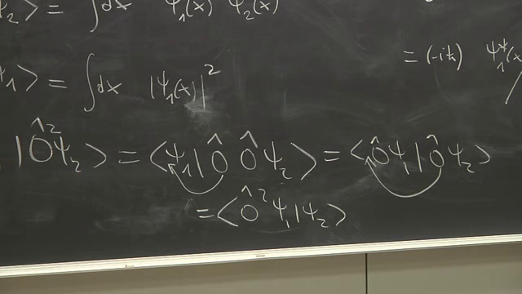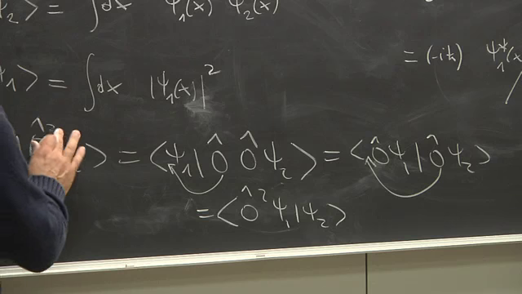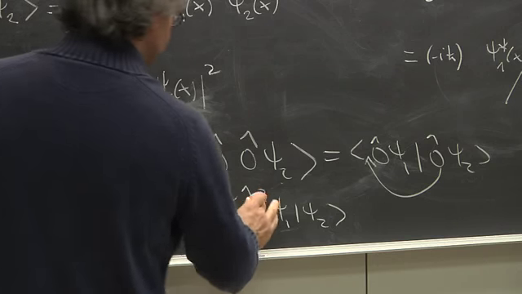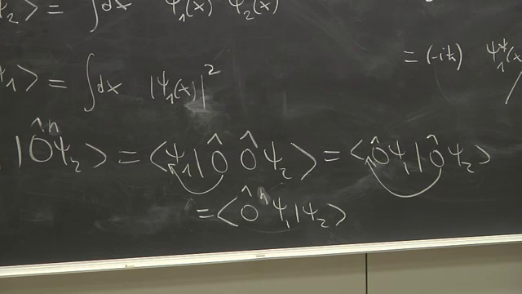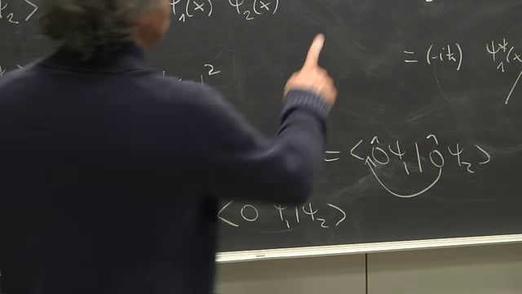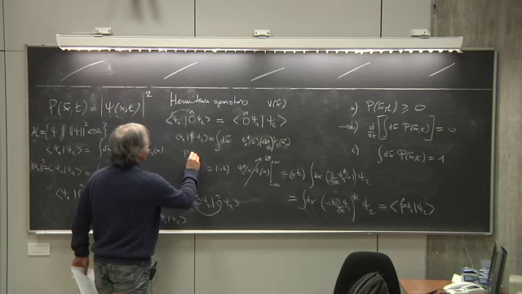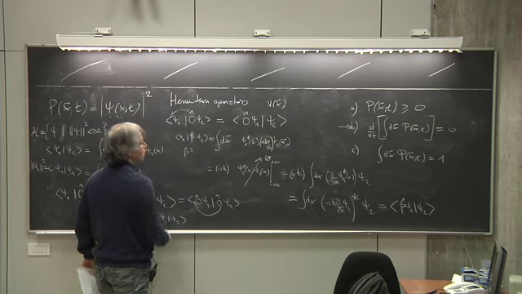Is it clear? So if O is Hermitian, O square is Hermitian. And a simple exercise shows you that any power is Hermitian. So any power of a Hermitian operator is still Hermitian. Very, very simple. Now, since you have proved that P is Hermitian, this will tell you that P square is Hermitian as well.